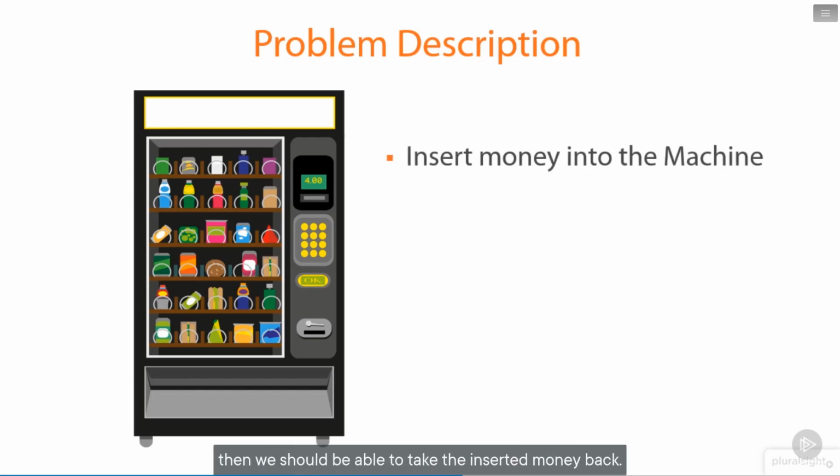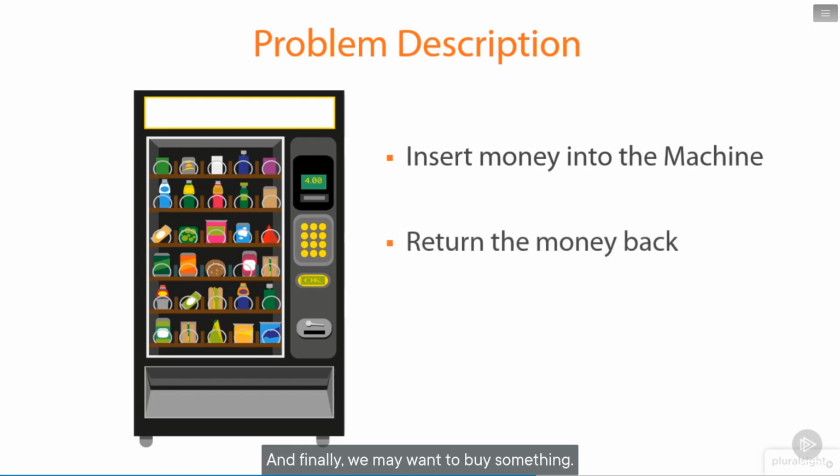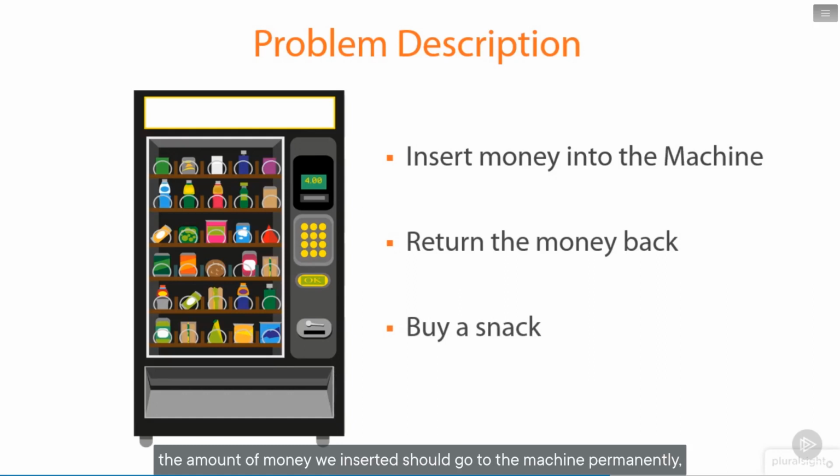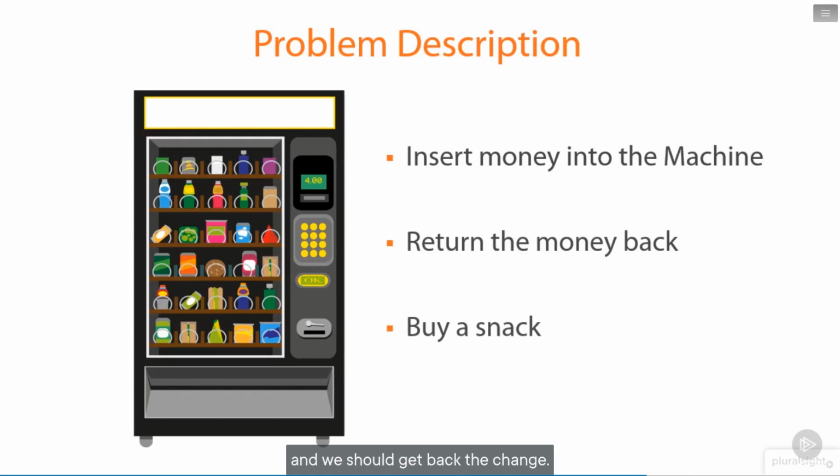Also, if we change our mind, then we should be able to take the inserted money back. And finally, we may want to buy something. In this case, the amount of money we inserted should go to the machine permanently, and we should get back the change. We will take a shortcut in this module and implement a simplified version of the purchase functionality. We will extend it in the future modules.